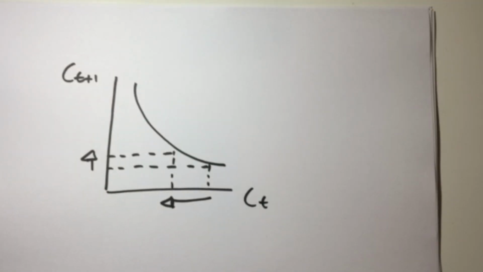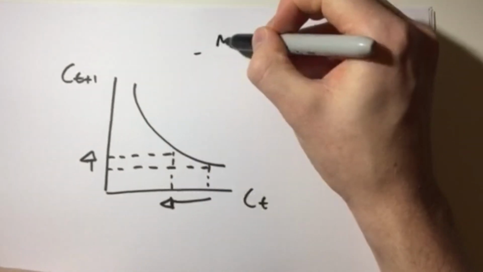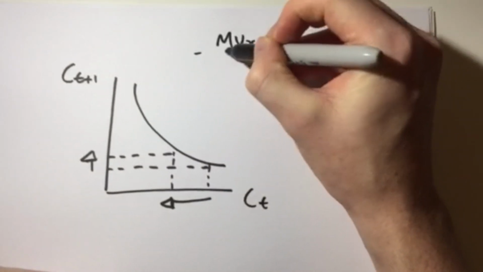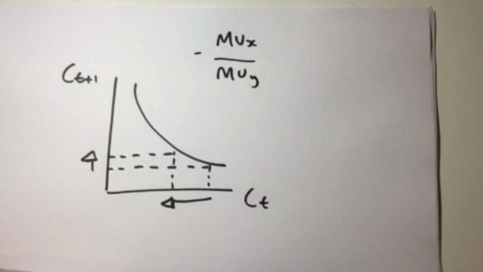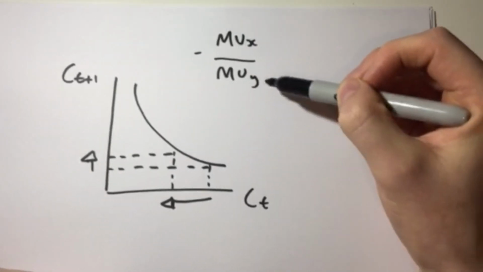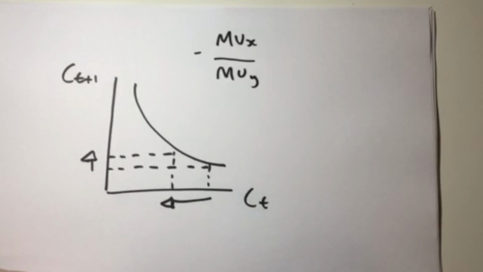We're also going to want to derive the slope of this indifference curve. We know from any basic microeconomics course that the slope of our indifference curve, between good x and good y, is going to be minus the marginal utility of good x over the marginal utility of good y. In this case, good x is CT, good y is CT plus 1.